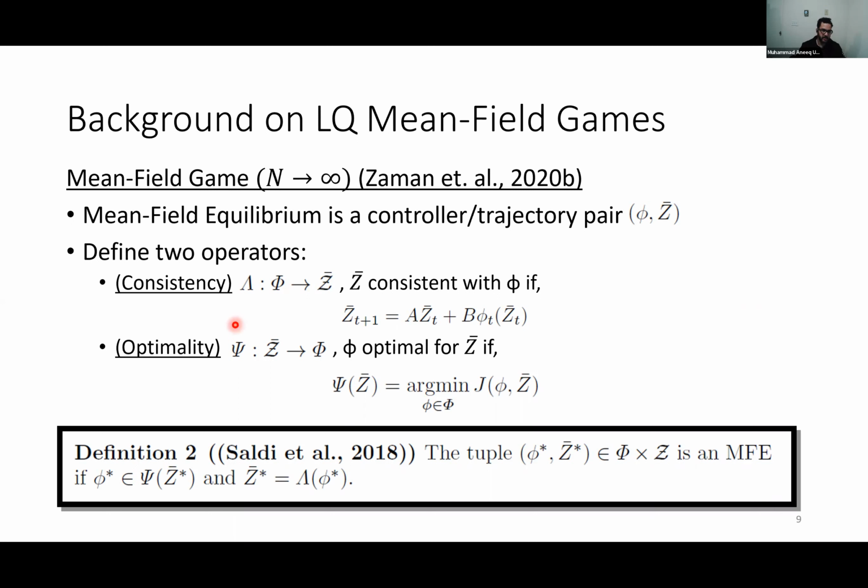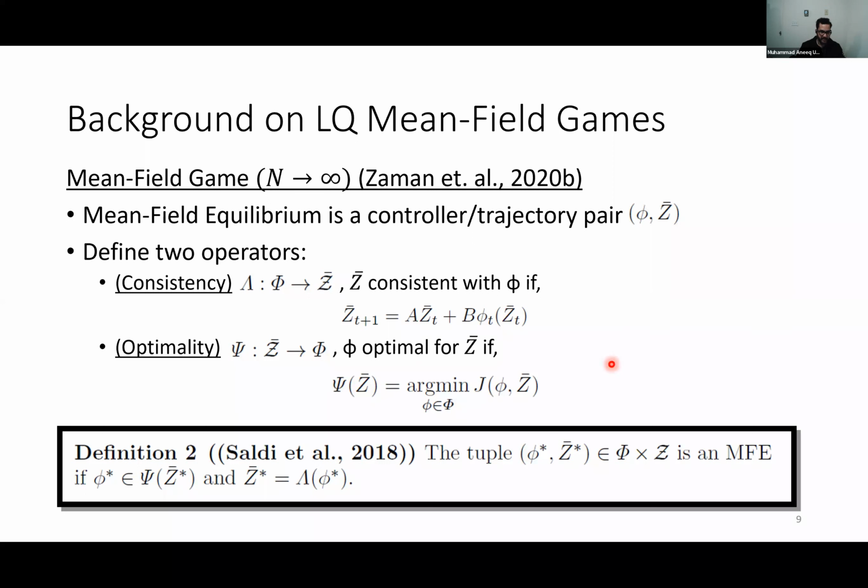The first operator is lambda, also called the consistency operator, and it produces a mean field consistent with the controller phi. If we are given a controller and infinitely many agents follow this controller phi, then the aggregate behavior that will be generated is z bar. So that's the consistency operator.